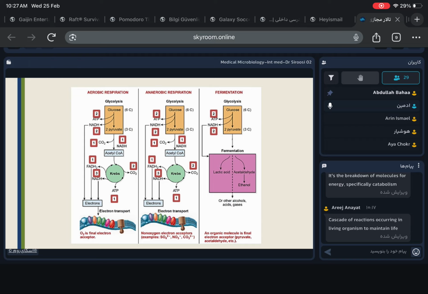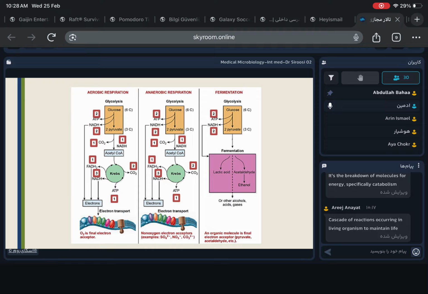Some bacteria use nitrate, some use sulfate, some use carbonate as the final electron acceptor. All of these molecules aren't as good as molecular oxygen when it comes to accepting electrons, and that's why we get less ATP compared to aerobic respiration.